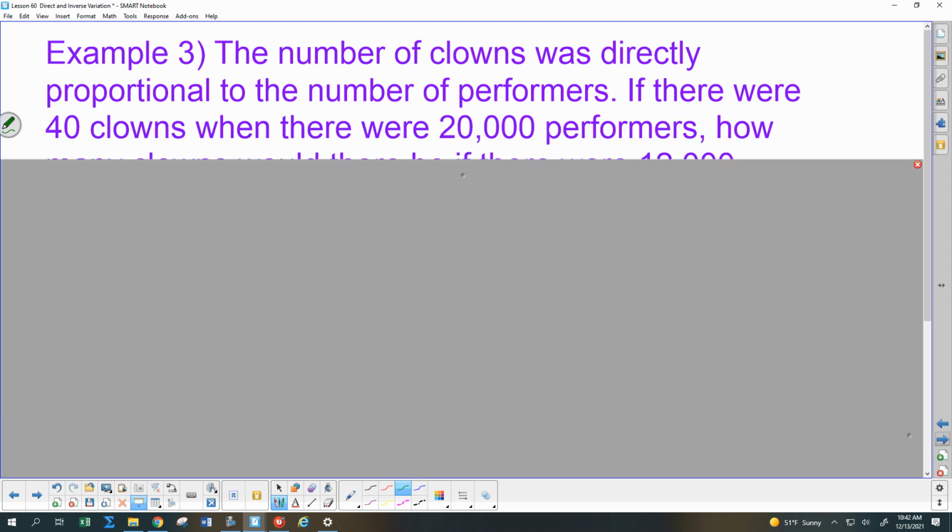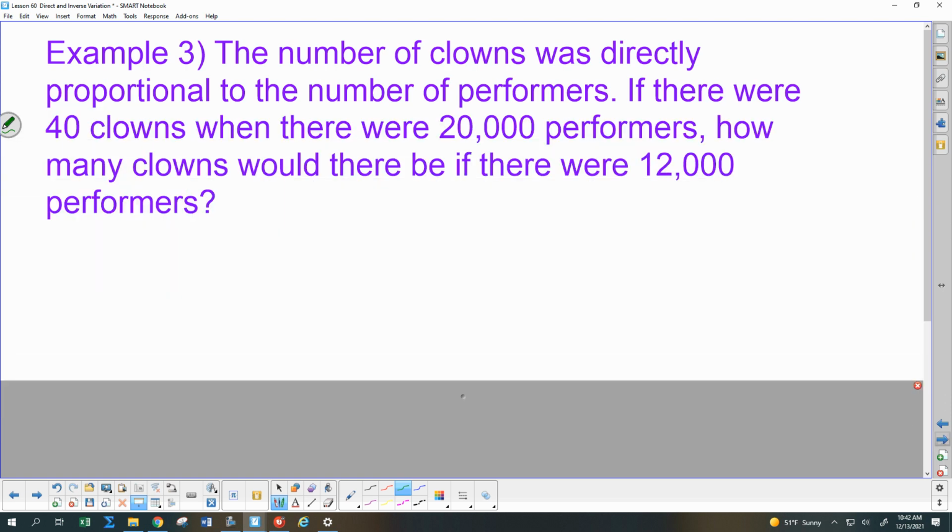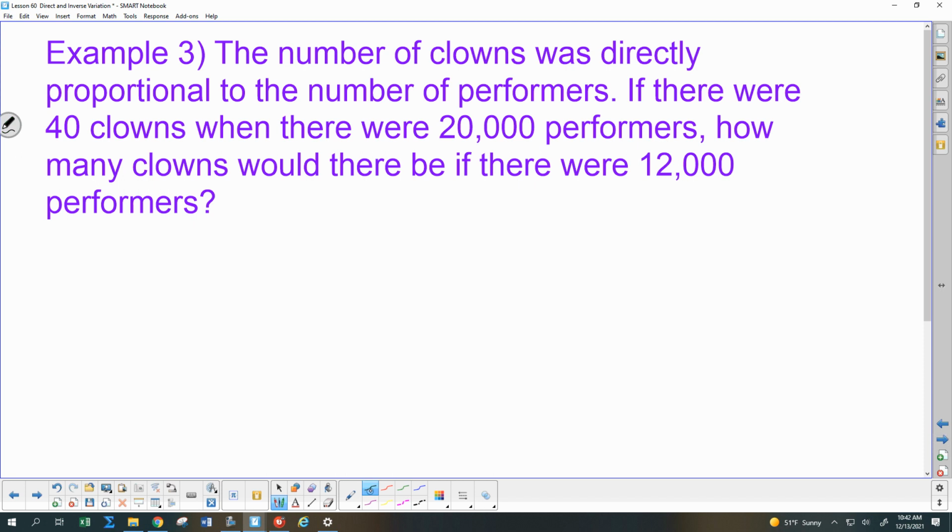Okay, for this one, I'd like all of you to write down on your papers, what do you think the first equation will be if clowns is directly proportional to the performers? So everybody write down what you think the equation is, and then we'll check that step.